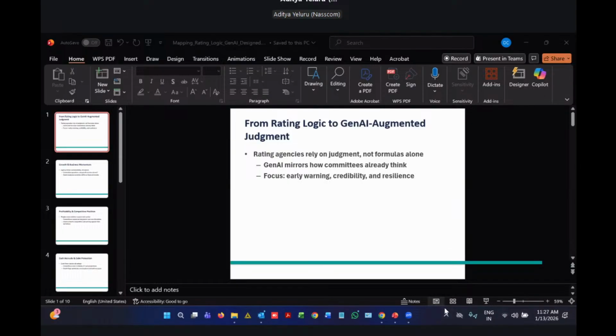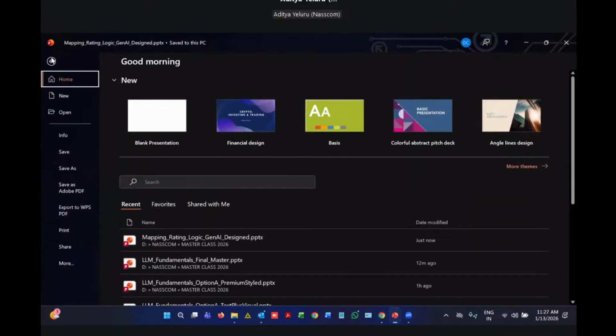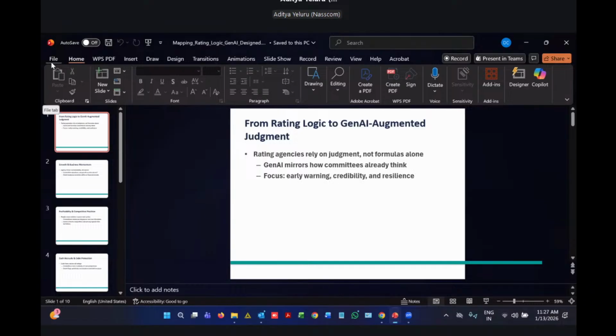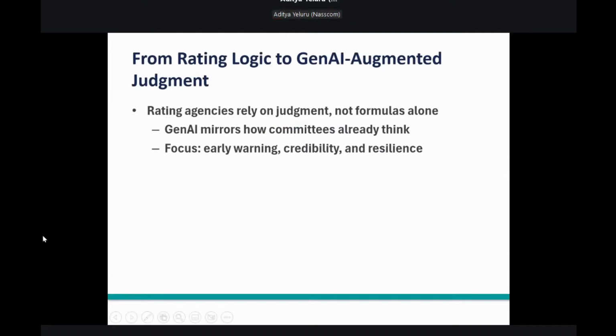You see an option called slideshow, in the menu where you see file, home, WPS, PDF. Click on from current slide. Yes, thank you.